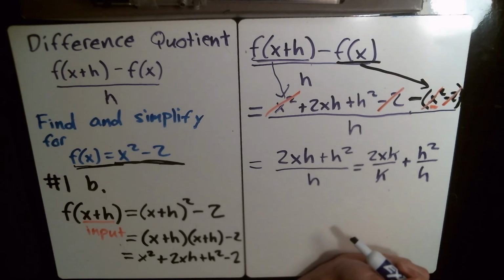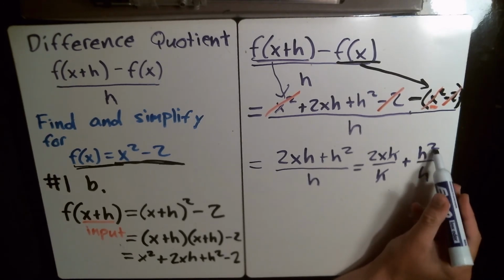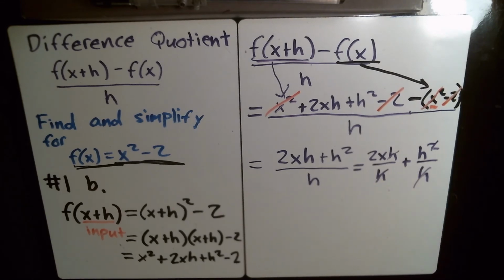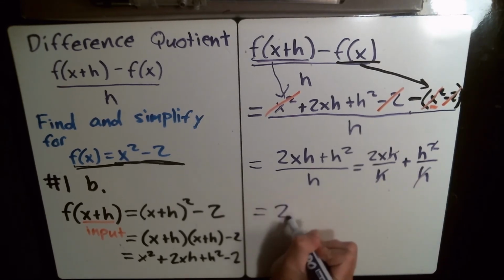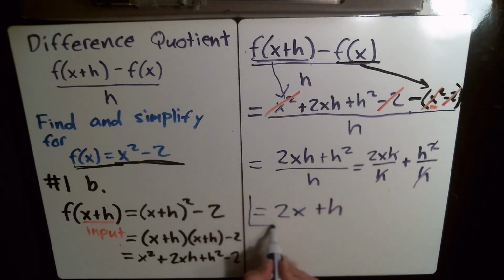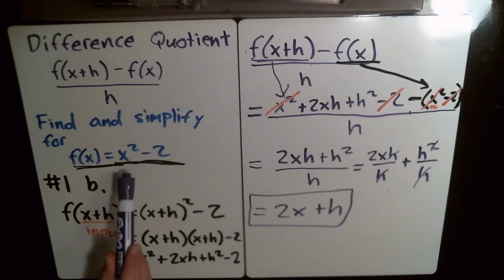This one will cancel out. And then when I do h squared divided by h, one of them cancels out, right? So I just get 2x plus h. And that would be my final answer here. Okay? So this is finding the difference quotient of a function, and namely we're dealing with this quadratic function, which isn't too bad. Okay? So hopefully that helps with that.